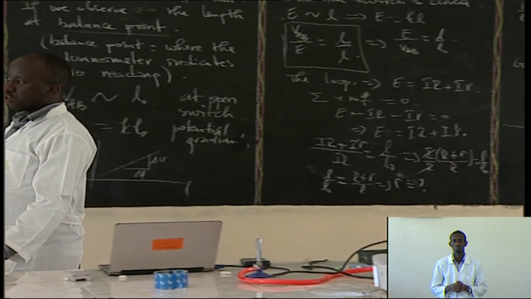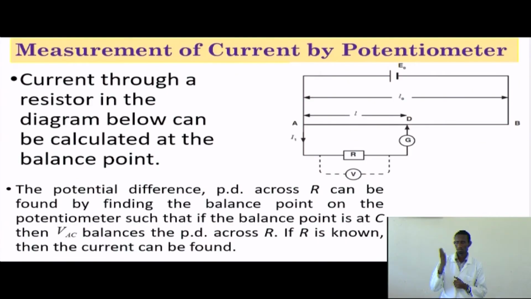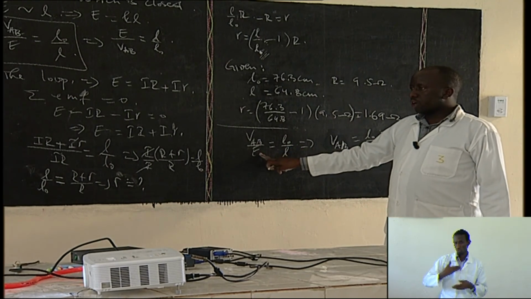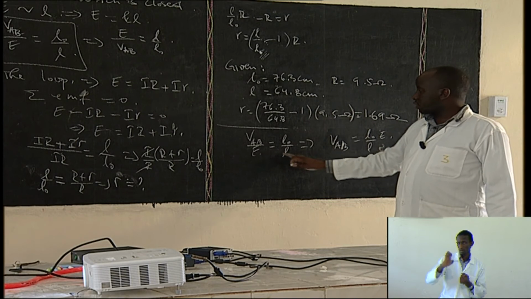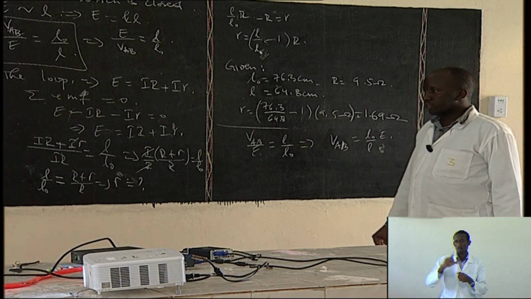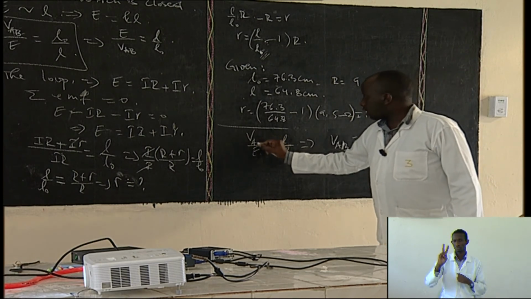So we can now say, let's make it clear. There we have E0 corresponding to L0. So this is L0. Then another one is only this one for VAD.